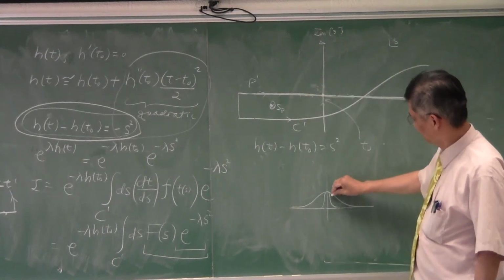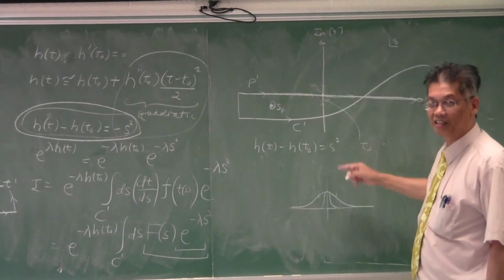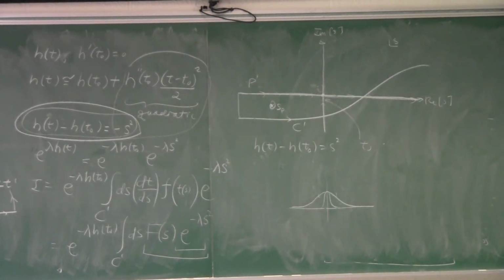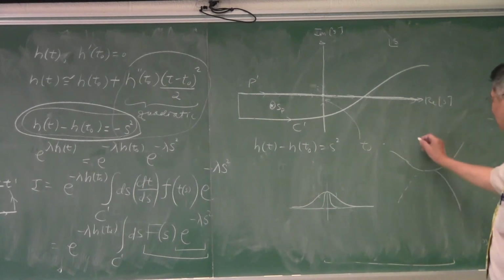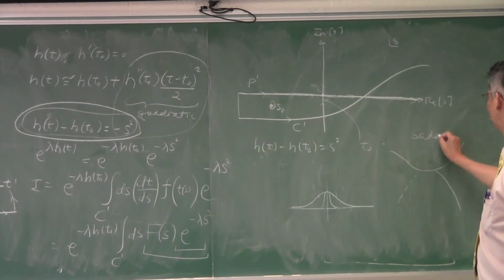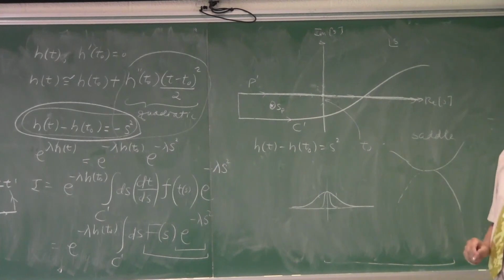So this is the ski slope. If you imagine this ski slope, what does it look like? Yeah, it looks something like this, and then something like this. A saddle, right?